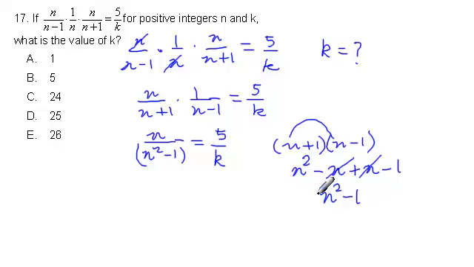This is also called the difference of 2 squares. N square is a square, and 1 is always a square. So this is the difference of 2 squares. So I wrote this thing is equal to this.